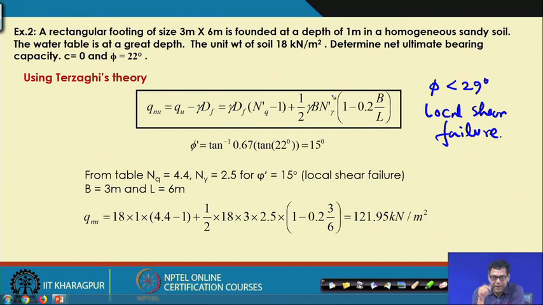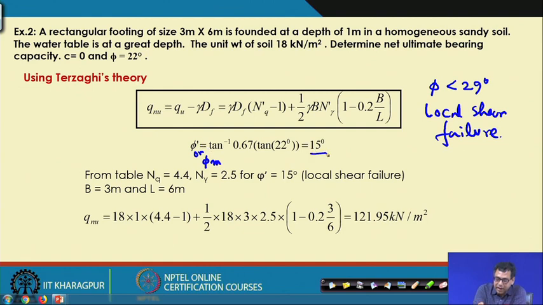As there is no cohesion value, we have only the phi value, so we can get phi dash or phi m, which is tan inverse of 0.67, or 2/3 tan phi, with the original phi. If you use this, it will be 15 degrees.